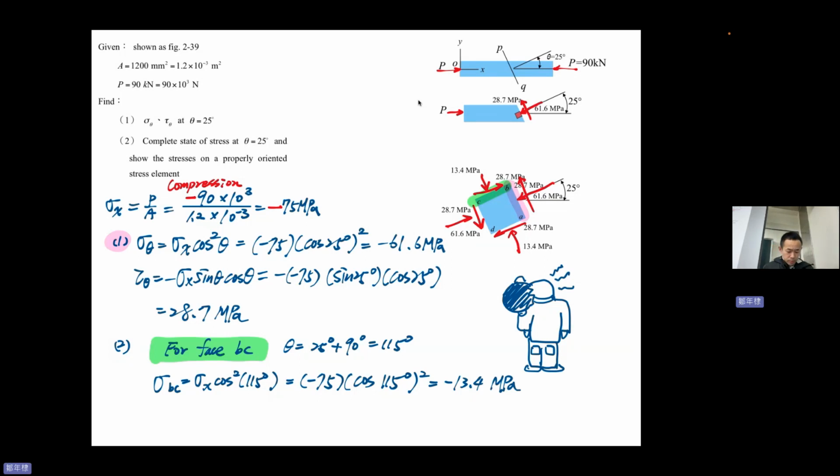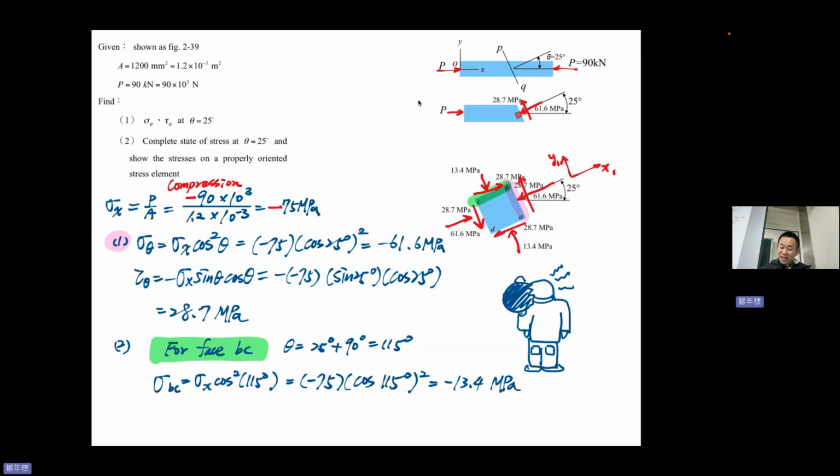So, you can imagine that in this direction, you will have x1, y1, right? 25 degrees. Your x1 direction has an angle of 25 degrees from x.